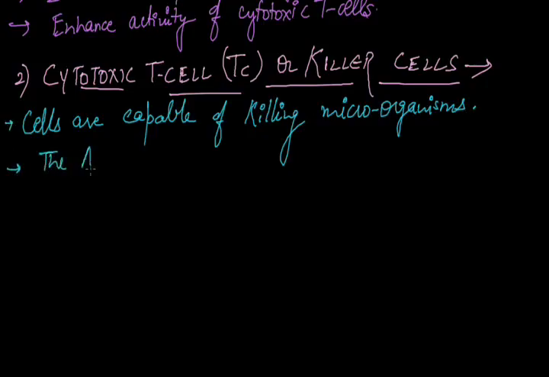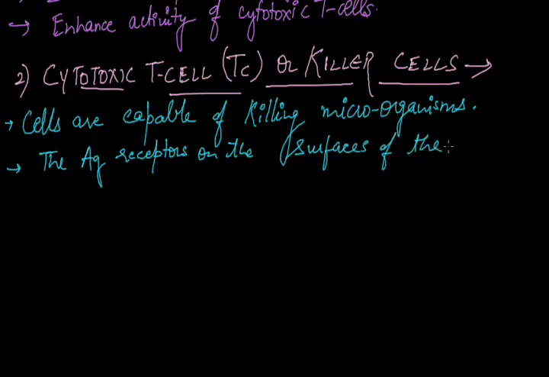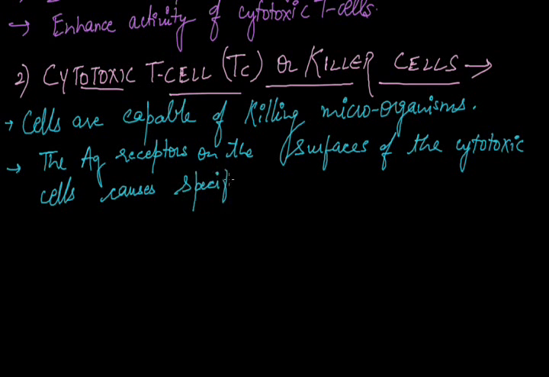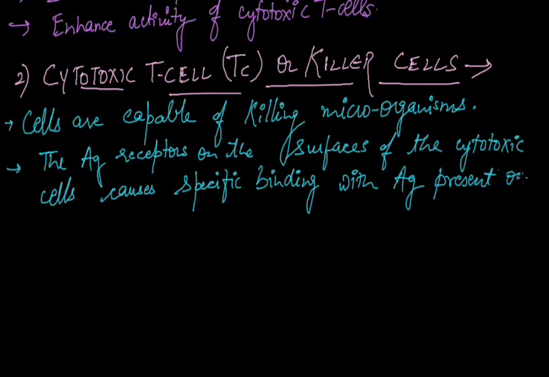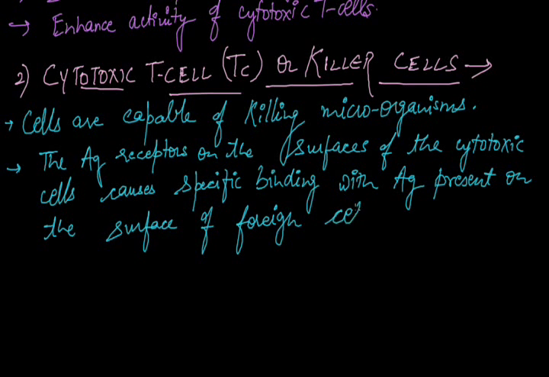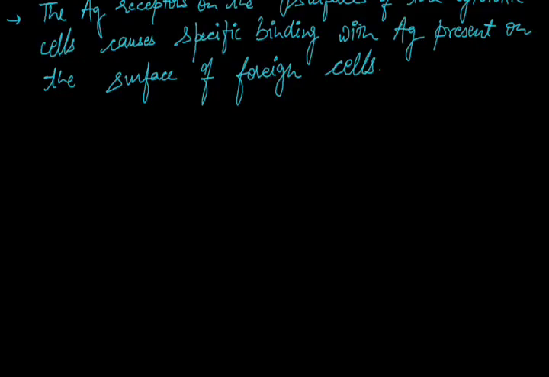Next, the antigen receptor on the surface of the cytotoxic cells causes specific binding with antigen which is present on the surface of the foreign cell. Now, how do these cytotoxic cells work after binding with the receptor?